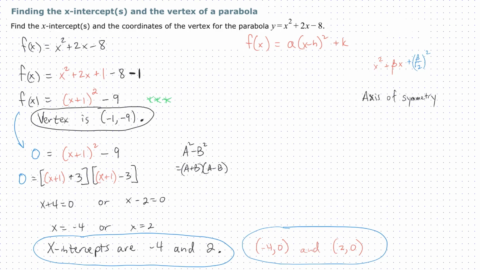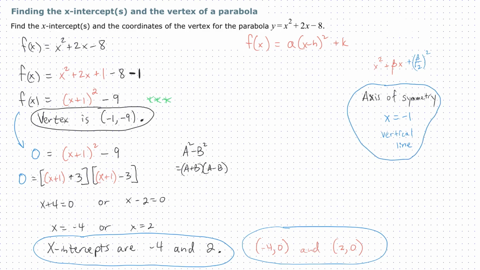And the way we write vertical lines is through an equation, and that equation is x equals -1. Remember, that is a vertical line. So the axis of symmetry is a vertical line and is written as x equals -1.